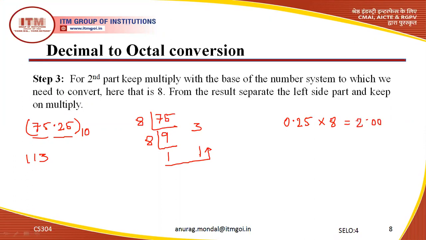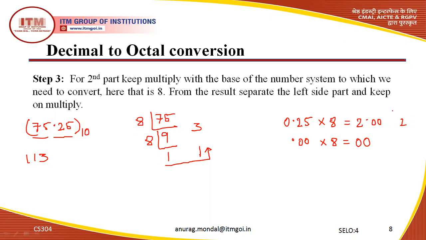So separate the left hand side, means if 2 is separated, the remaining part is coming over here. Then if you multiply with 8, we have only 0, 0. So stop multiplying. So the octal equivalent of 0.25, we have only 2.